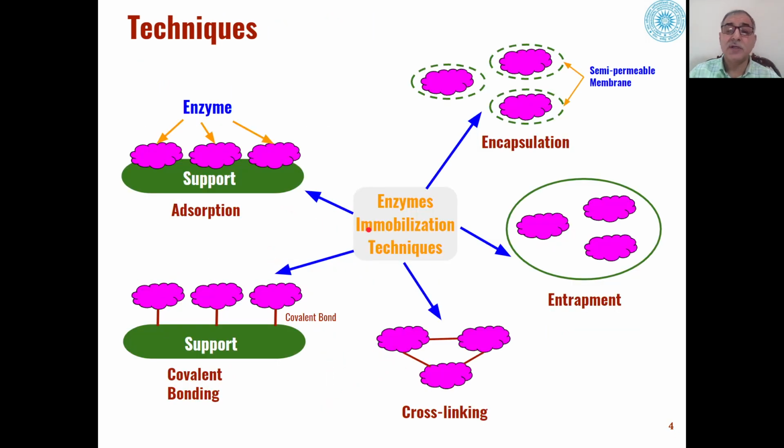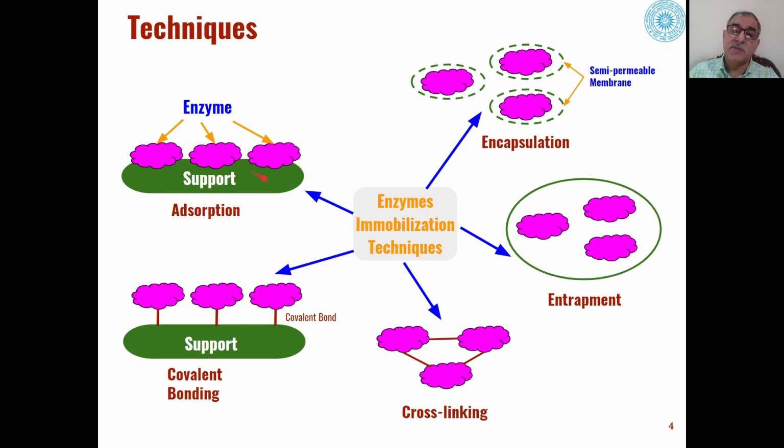Now we can depict these different types of enzyme immobilization. If this is a support which may be a synthetic one or a natural one, when the enzyme is physically adsorbed on the surface of this support, then such type of immobilization is called adsorption immobilization.